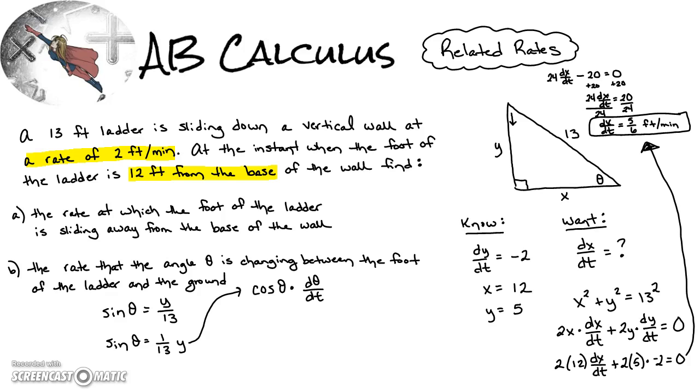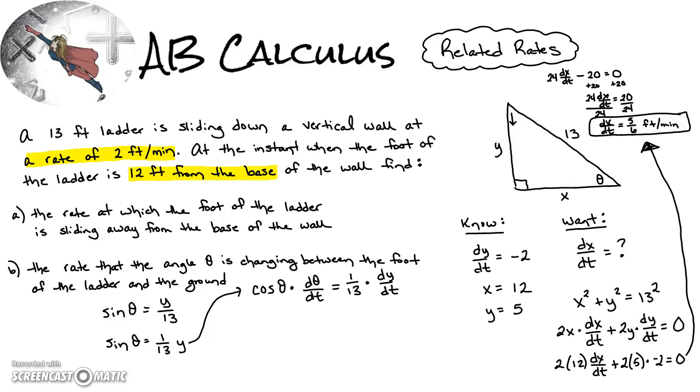Every time you got to a y in an implicit problem, you would do its derivative and then times by dy/dx. Well, this is basically the same thing. Theta, we're differentiating with respect to time, so we write d theta/dt when we get to it. And then on the other side, same idea, 1/13 y, the derivative is just 1/13, but since that was a y, we multiply by dy/dt.